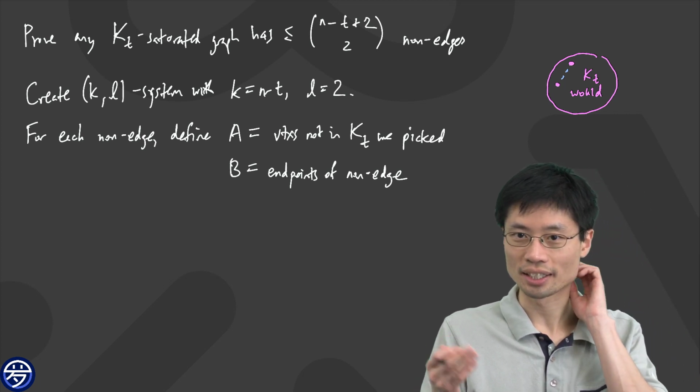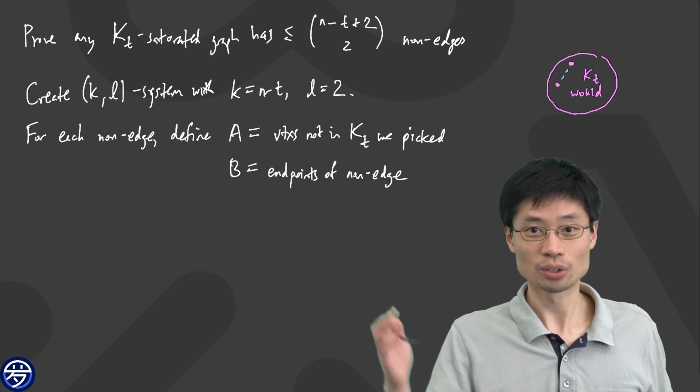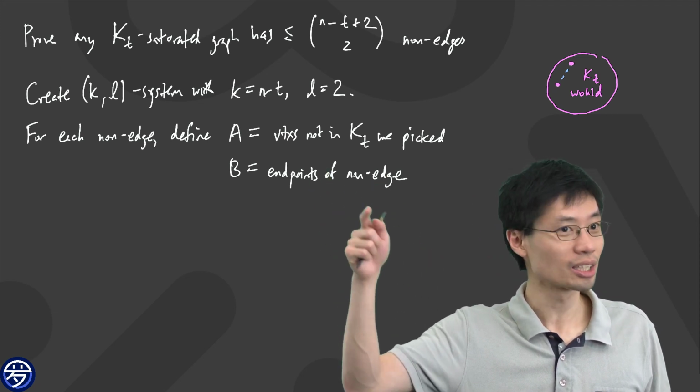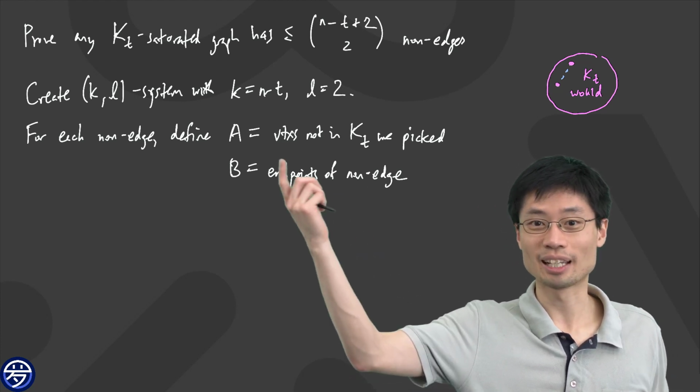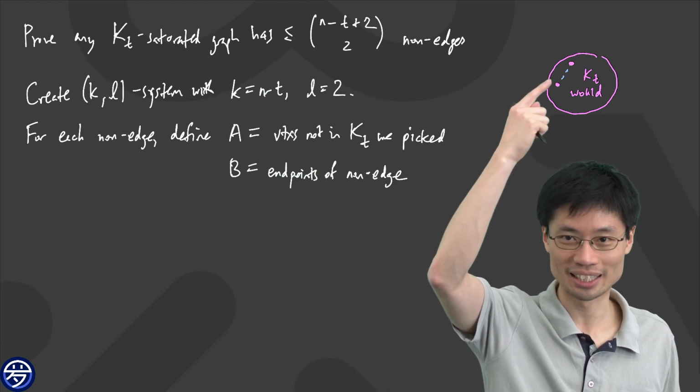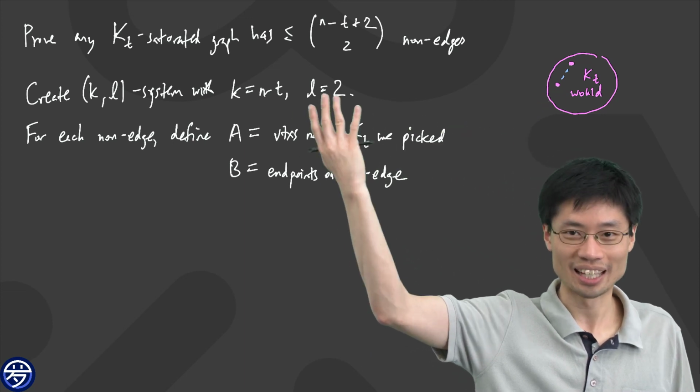Okay, and it's not the KT, it's a would-have-created KT. So we automatically get that A and B are disjoint. That's beautiful. A and B are disjoint because obviously the edge is inside and the A is outside.